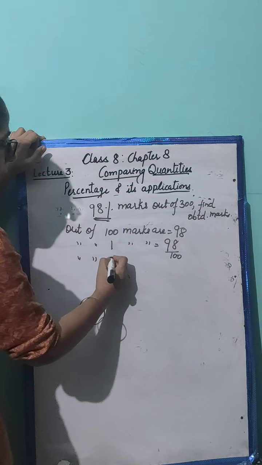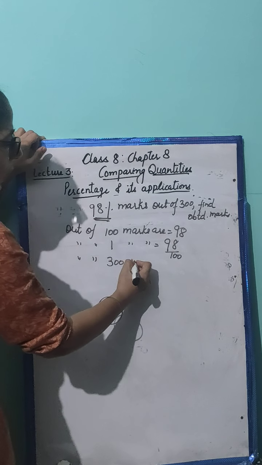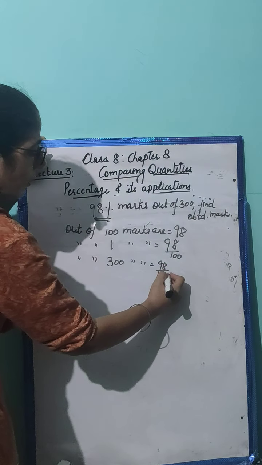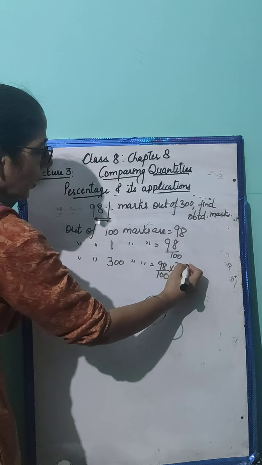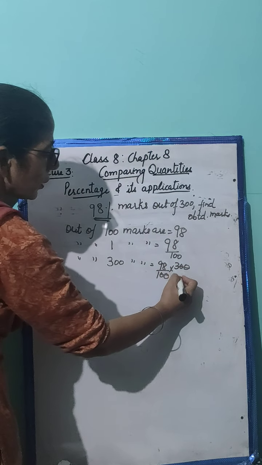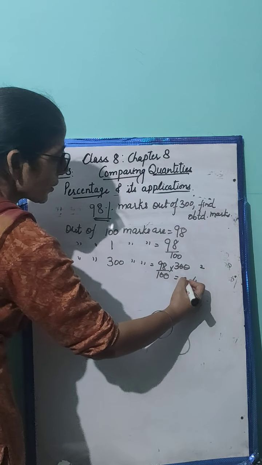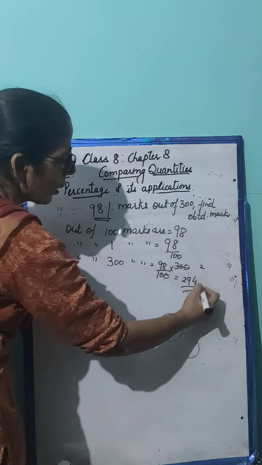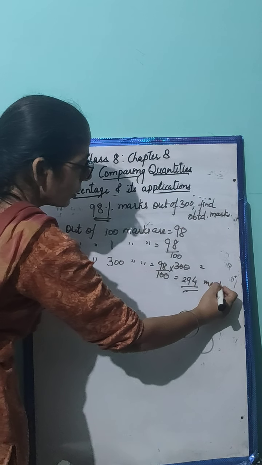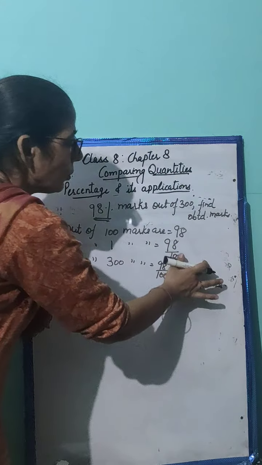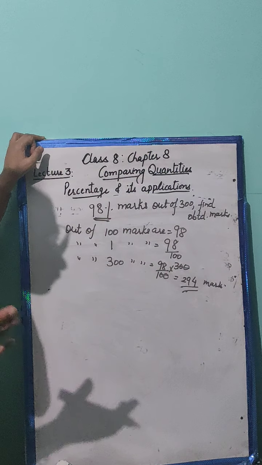Out of 300, marks are 98 upon 100 into 300. 3 8s are 24, 3 9s are 27. It means how many marks I got? 294. Have you understood? So this is the practical application.